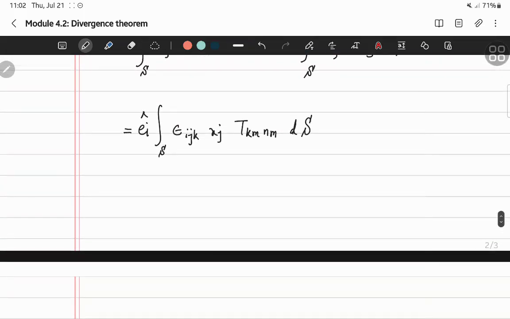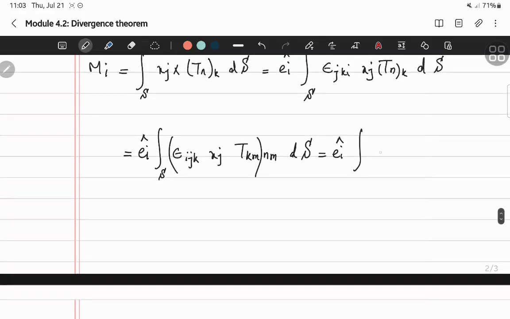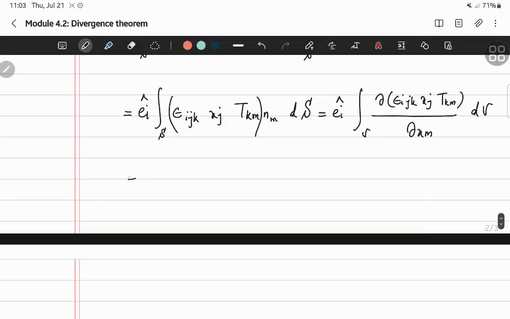So if we look at this, then we can use the divergence theorem in here. So we have e_i. Then we take the divergence of epsilon_ijk x_j t_km with respect to x_m, of course, because we have n_m in here, dV over V. So this is basically equal to e_i and whole.